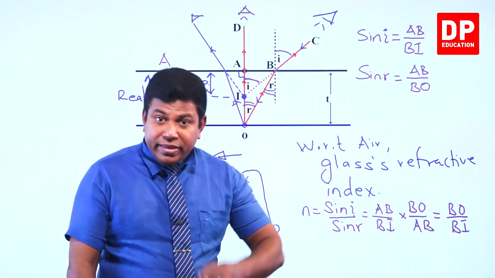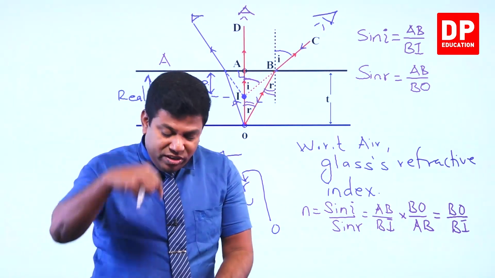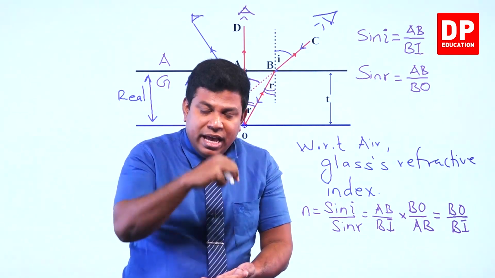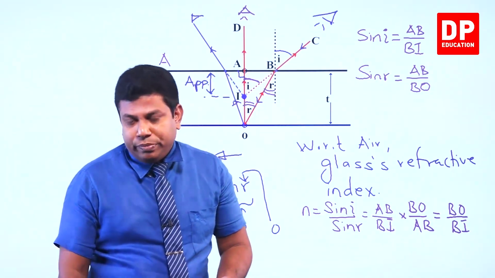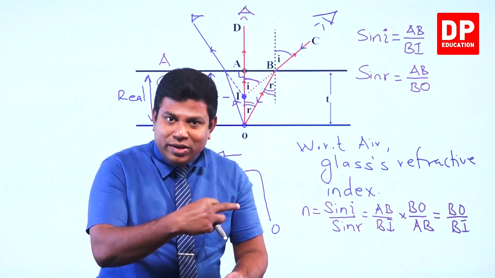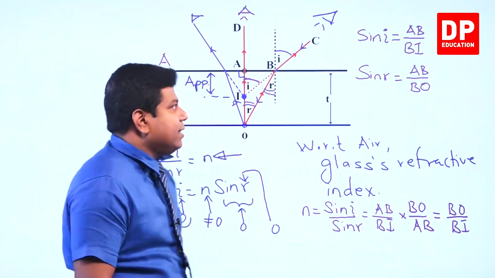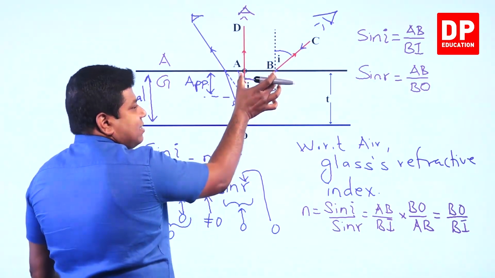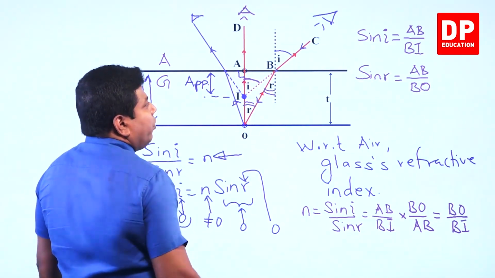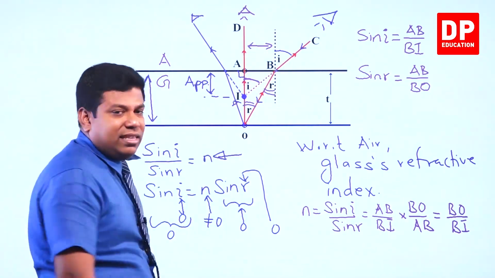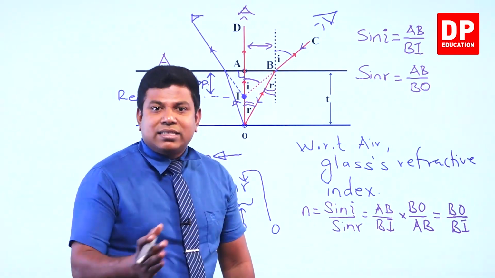Now understand another important part. I told you first I am looking at it vertically, and I am shifting a little bit and again observing the image. I did not shift by a greater distance. What I shifted is a little bit, which means from this point to this point, even though I have drawn a bigger distance here just to make it clear to you, this distance is negligible.